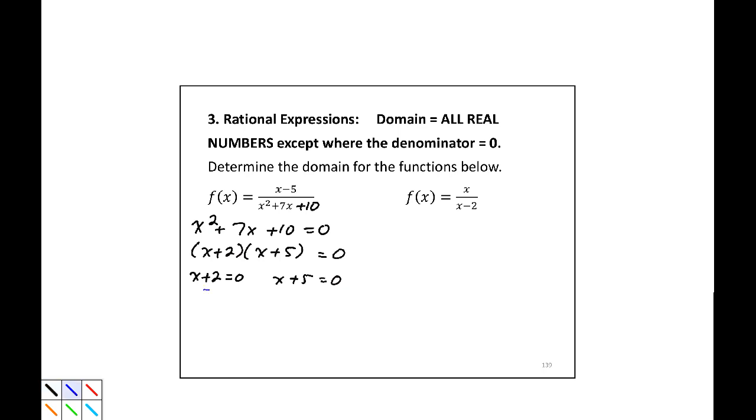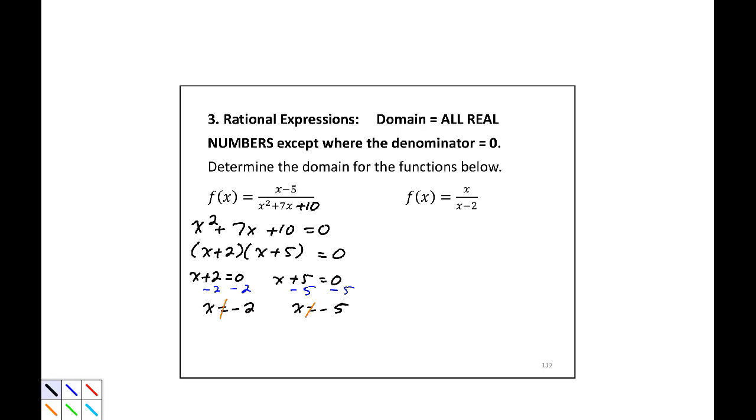This results in subtracting 2 from both sides in the first equation, x equals minus 2. And in the second, we'll subtract 5 so that we have x equals minus 5. We really are saying that x cannot be these things because we don't want the denominator to be 0.